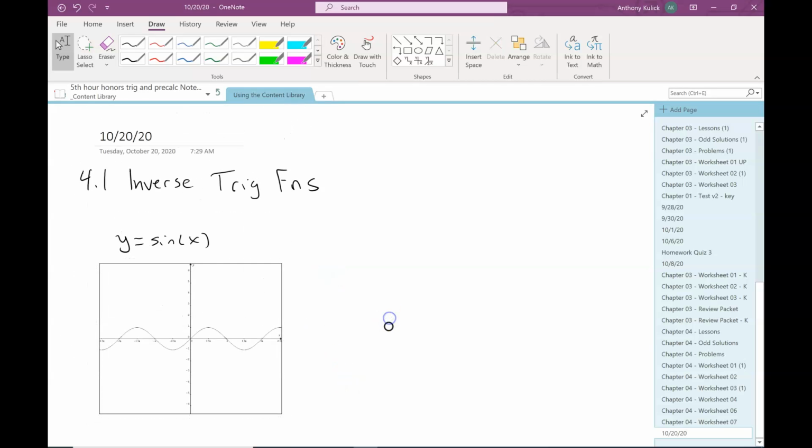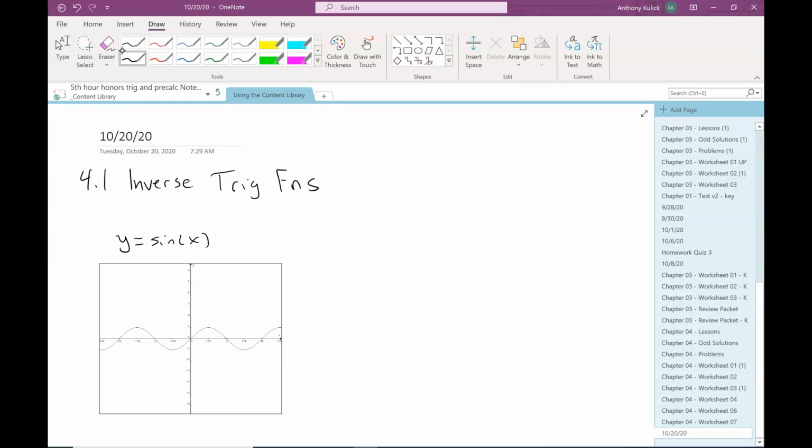So the graph for that function looks like this, right? We remember that? Now, if you remember back from your algebra class last year when we found an inverse for a function, how did we do that? Great.